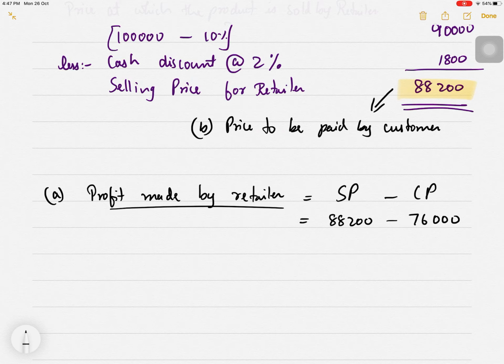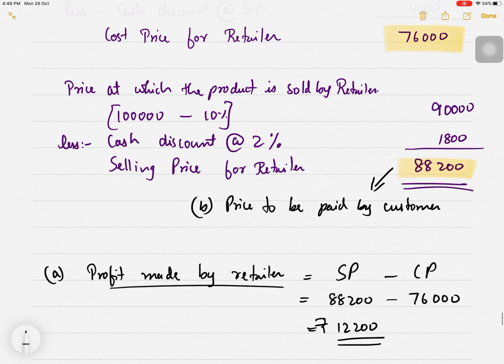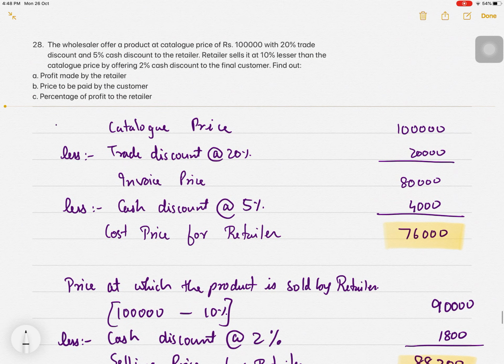So 88,200 minus 76,000 comes to 12,200. So this is the answer for A. Profit made by the retailer, rupees 12,200. And 88,200 is the price to be paid by the customer, which is B.